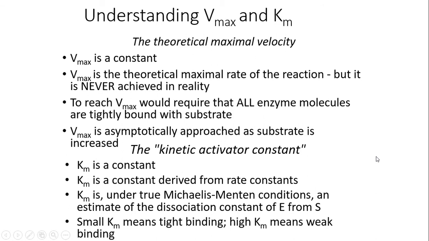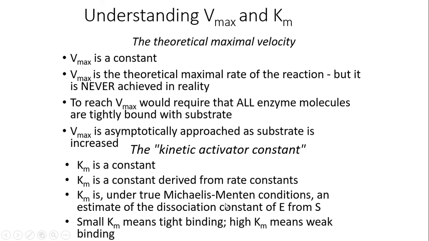The kinetic constant, so this is our Km, is another constant, and like work in general chemistry, it is derived from rate constants. So we can also derive that mathematically.